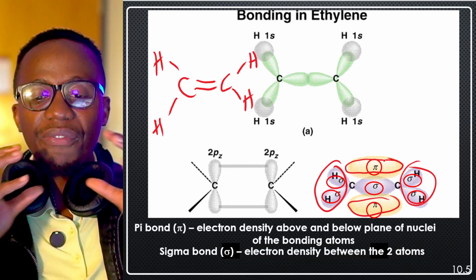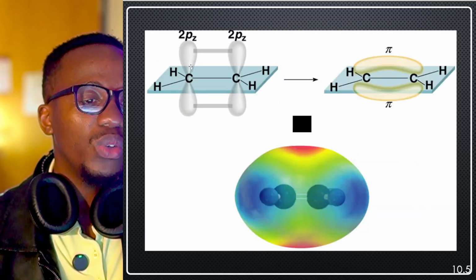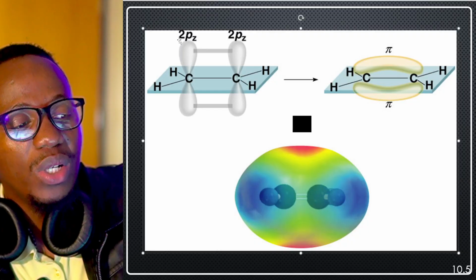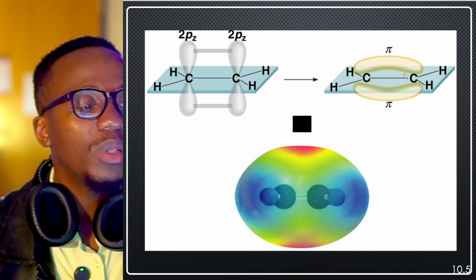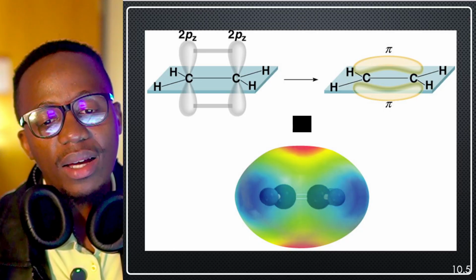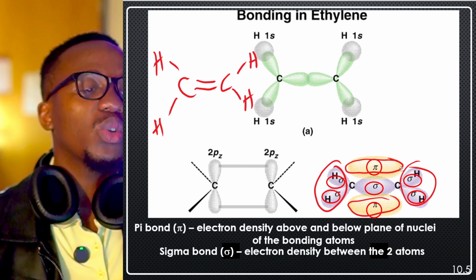So again, it's a physical thing. The hybrids are going to connect. So these hybrids are going to connect on the top and the bottom, and we call this a pi bond. It's a pi bond, right? So the other bonds are called sigma, but this one is called the pi bond.